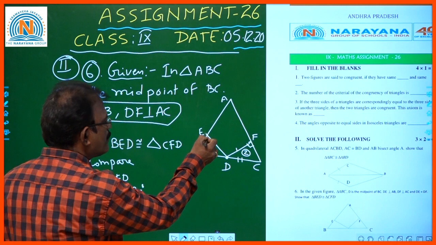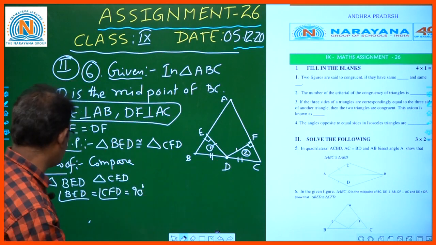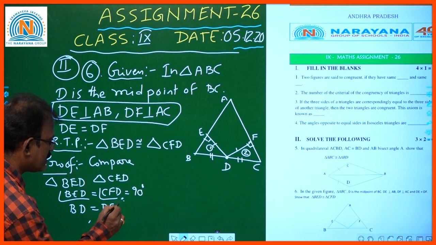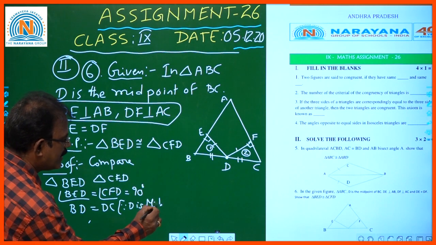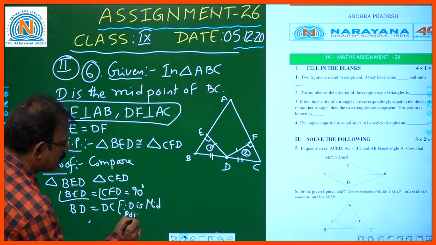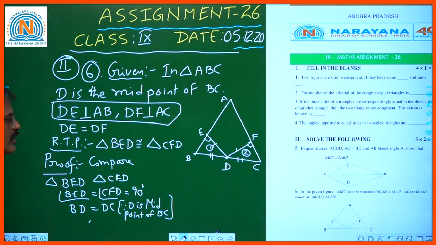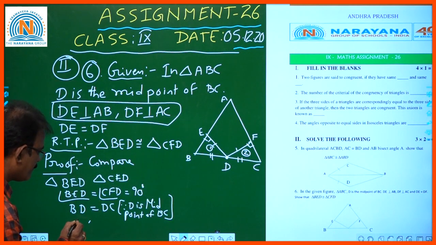Next, opposite to 90 degrees is the hypotenuse. So BD is equal to DC. Why? D is the midpoint of BC. Okay. Now DE is equal to DF.